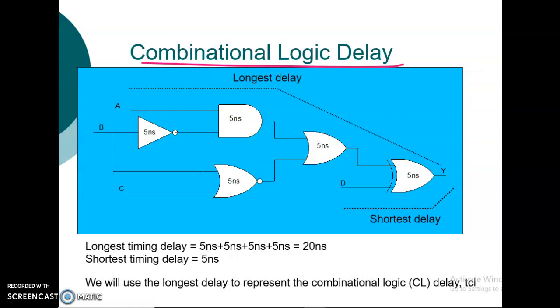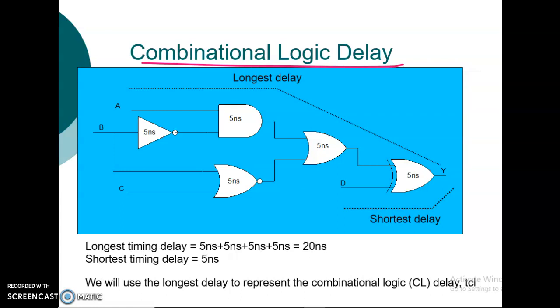These are all gates we already know. For this gate, the function time is 5 nanoseconds, and this is the timing delay. Each gate here is 5 nanoseconds. There is a longest delay through this path, and a shortest delay through this part only.